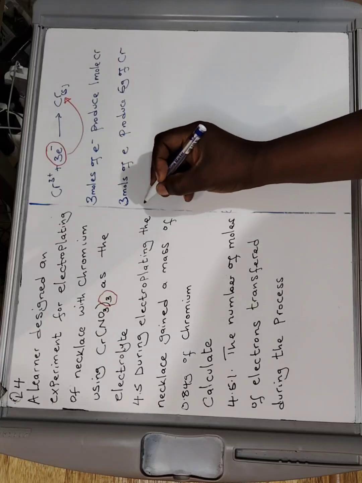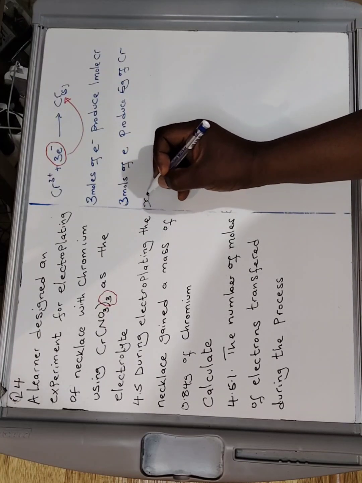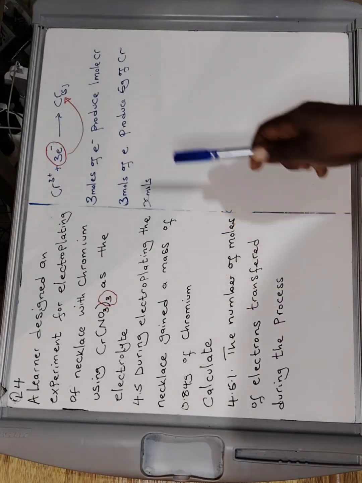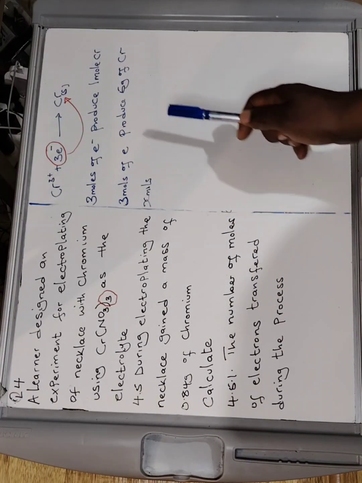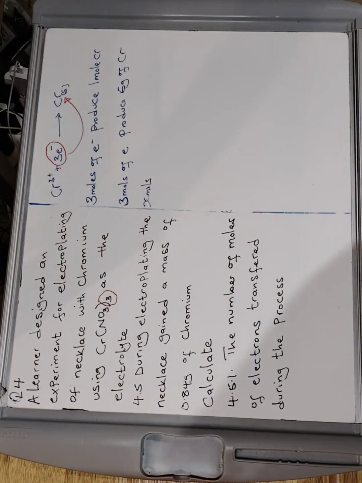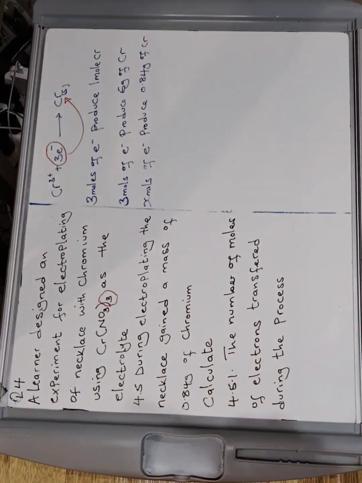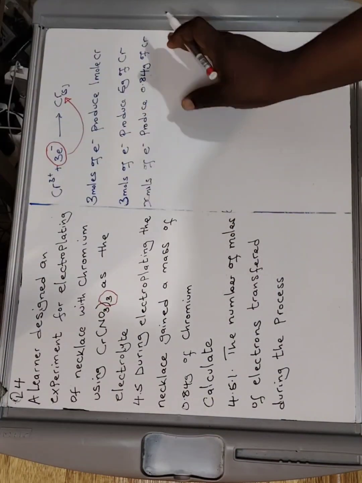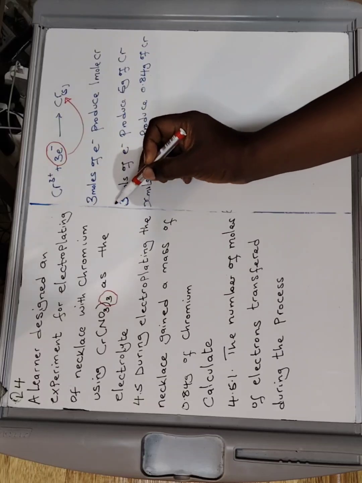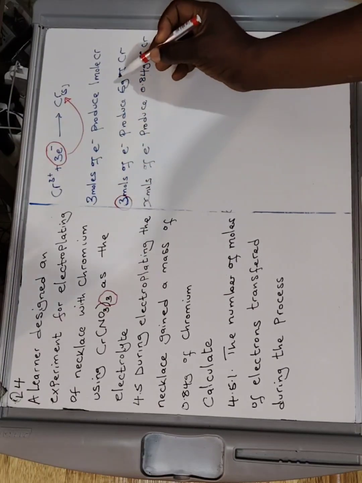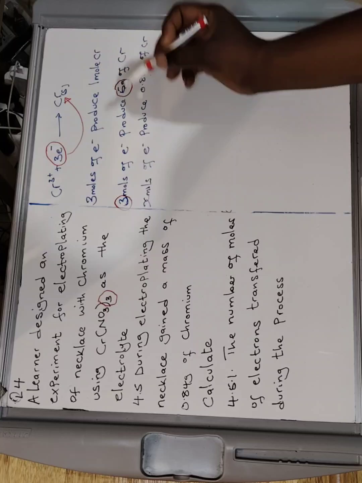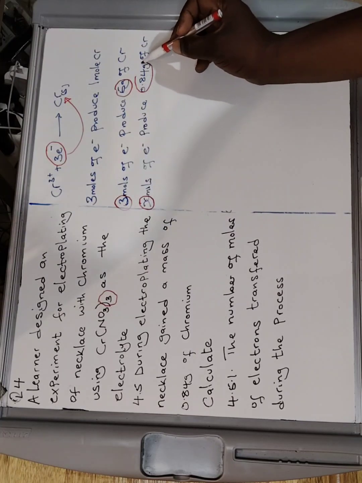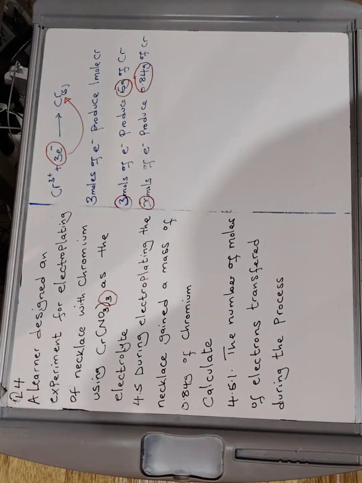We say X moles of electrons will produce this mass. Let us put that in writing. You have to know that these are directly proportional. So having this and having that gives us the equation to use.